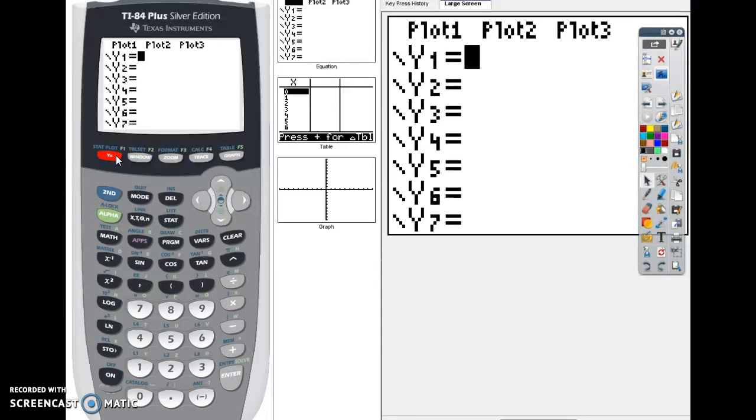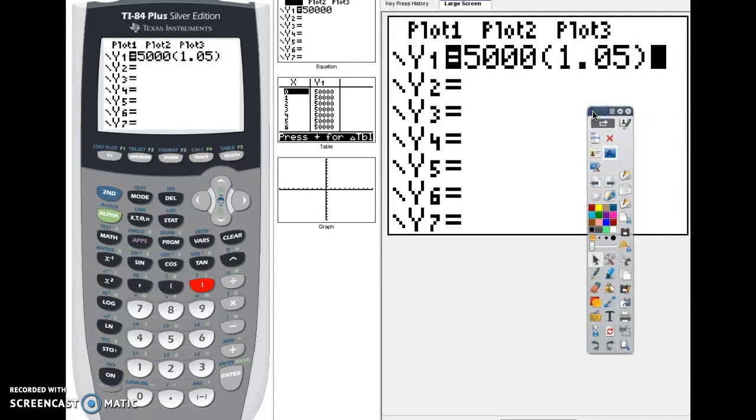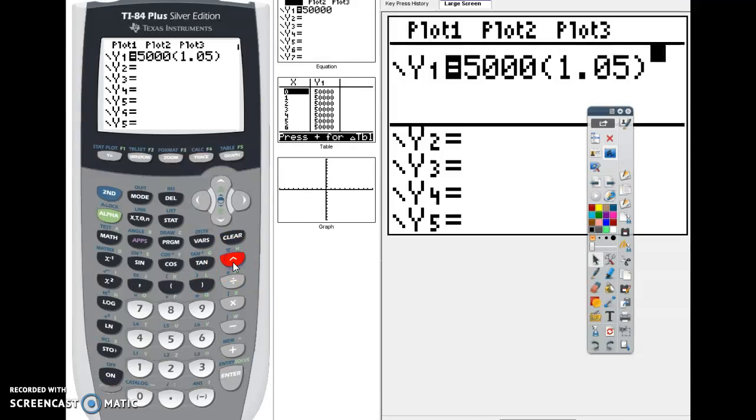We're going to put 5,000, no commas, 5,000 parentheses, 1.05 close parentheses. And we have to do the caret symbol. So this symbol right here, we're going to do to the power of x.